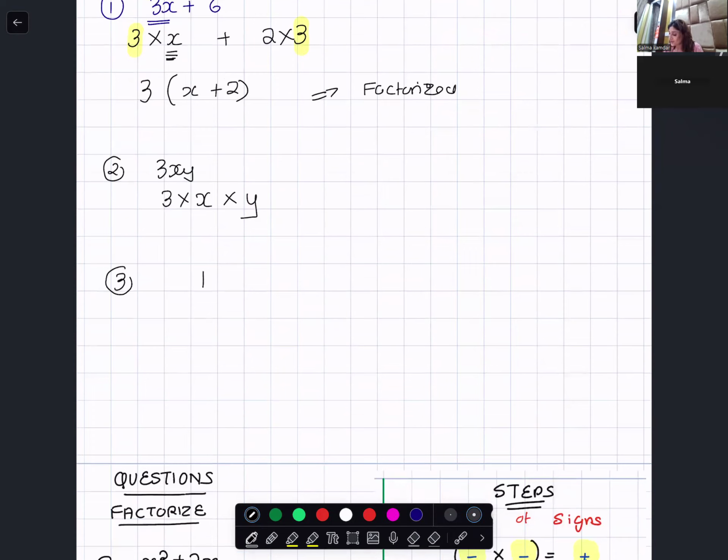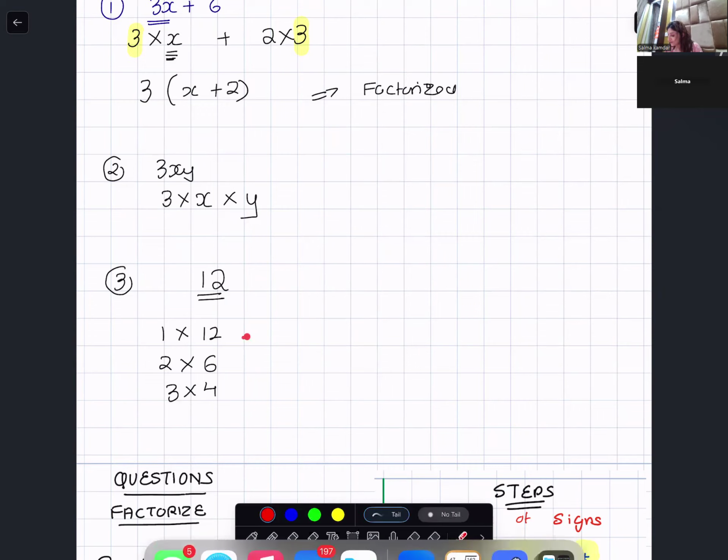I want to factorize 12. What are the factor terms of 12? It could be 1 into 12, or 2 into 6, or 3 into 4. When I reverse it, it becomes 4 into 3. So any of these can be used to factorize it.